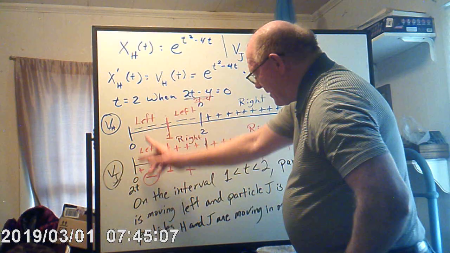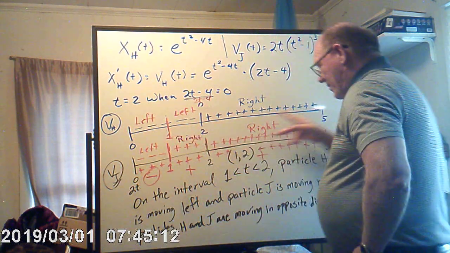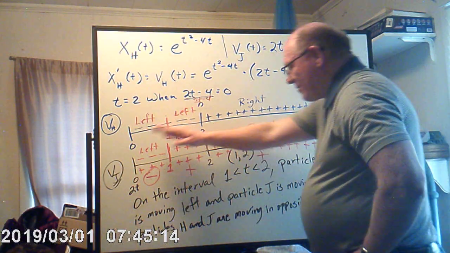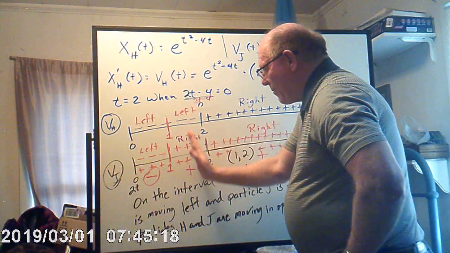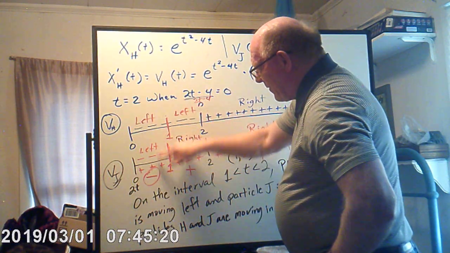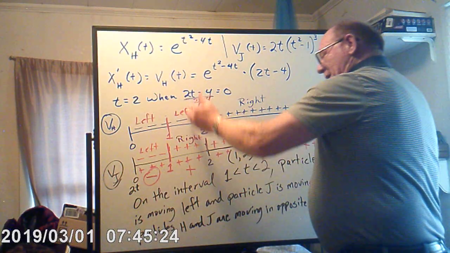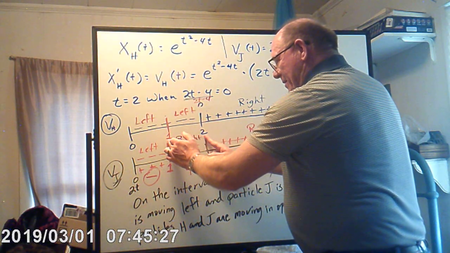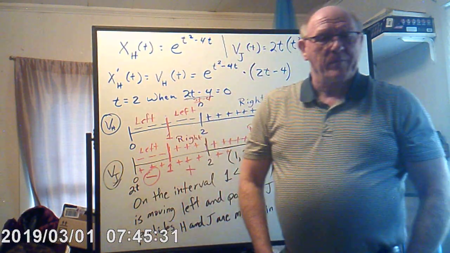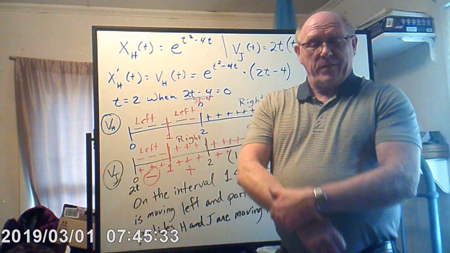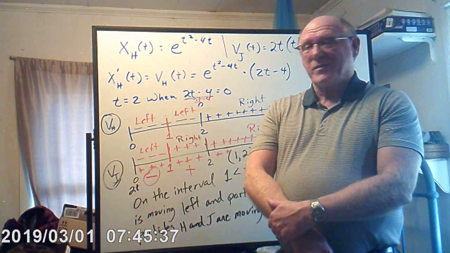If you're going to put the number line here, stack 1, you can easily see, oh, left, left, same time, right, right, oh, left, right, on the interval from 1 to 2. And that's how you do it. Okay? Well, that's a lot to absorb right there, but it's very good stuff.